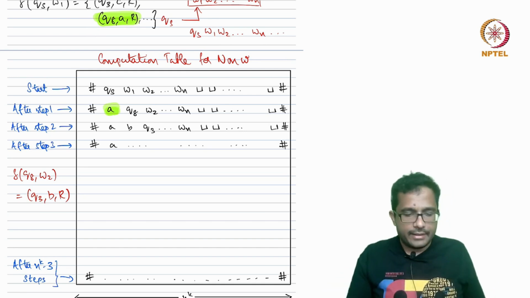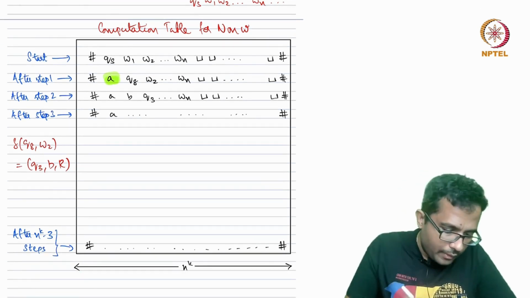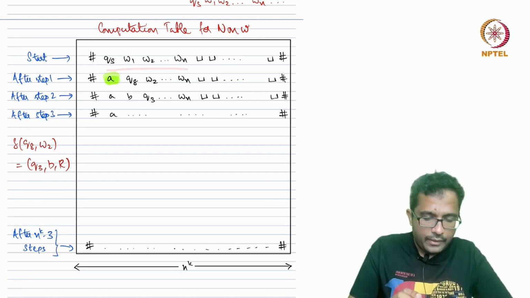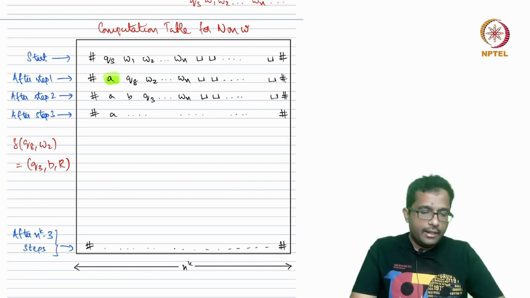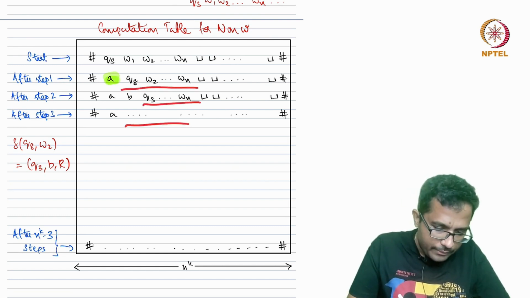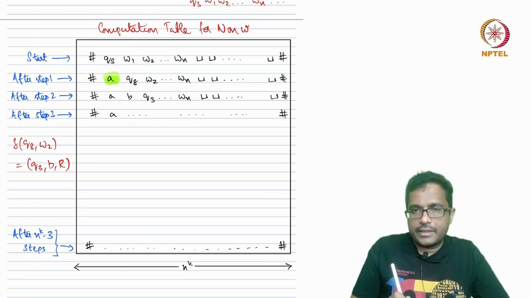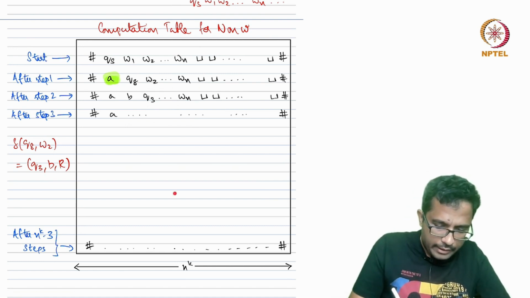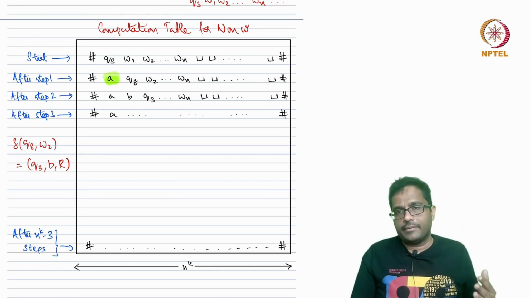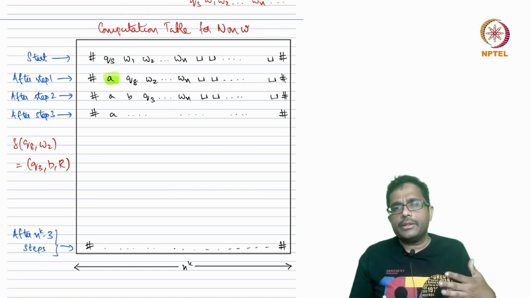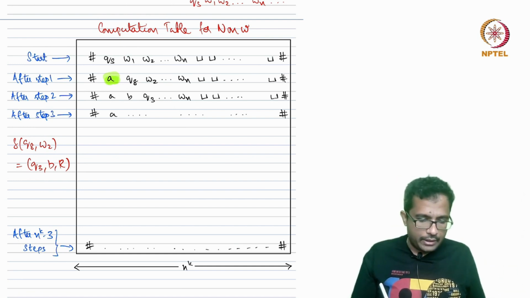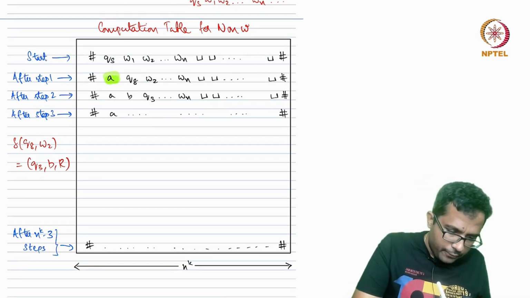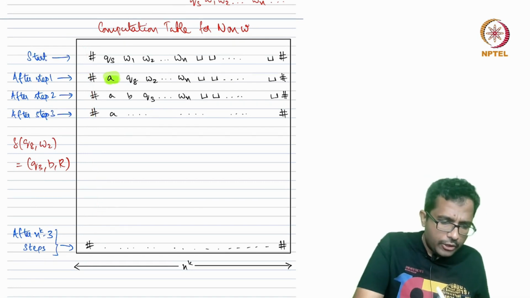So the point is this: starting from the starting configuration, if there is a way for W to be accepted by the non-deterministic Turing machine N, there is a valid sequence of computations which eventually leads it to accept, right? Somewhere here accept should be there. How long may it take to accept? We know that it runs in n power k steps, so the number of rows of this table need not be anything more than that.